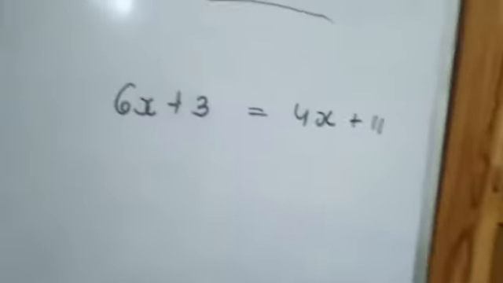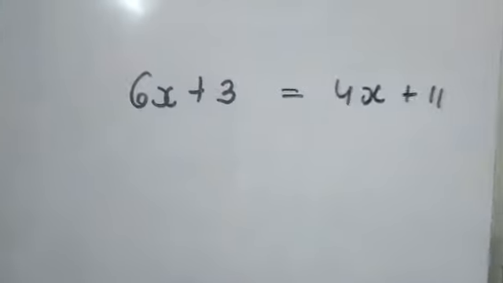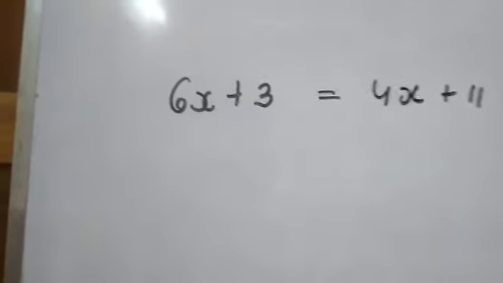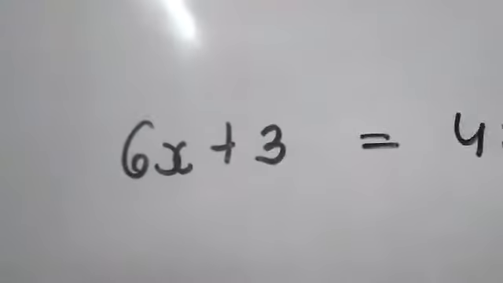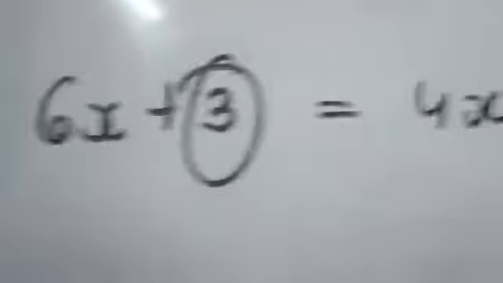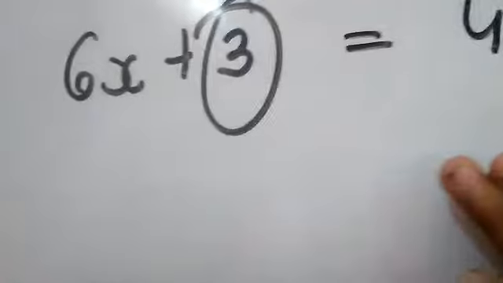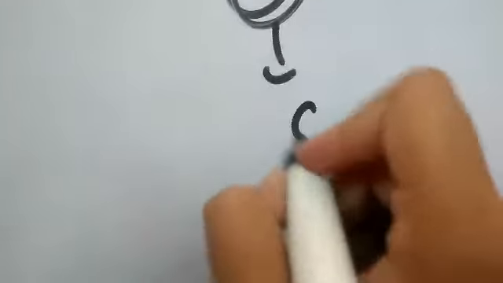Okay, this is the question. Firstly, I will tell you in this equation what is the constant, variable and coefficient. So here 3 is the constant because constant means a value that never varies.